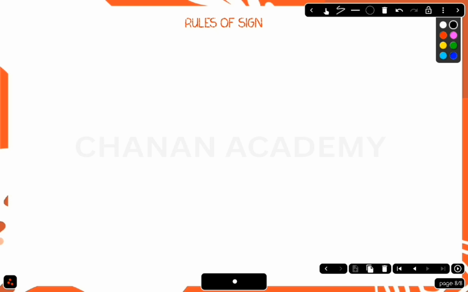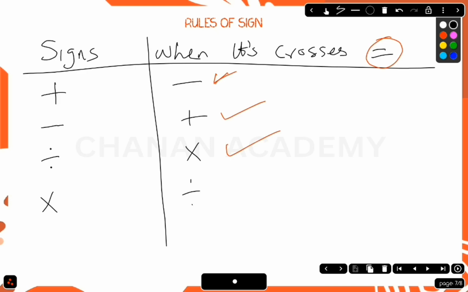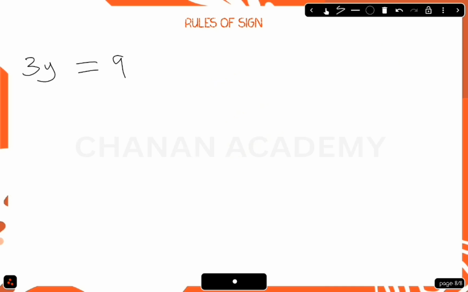Okay, so let's take the last example to explain the last rule. All right, let's say we have 3y equal to 9. This can be expressed as y multiplied by 3 is equal to 9.